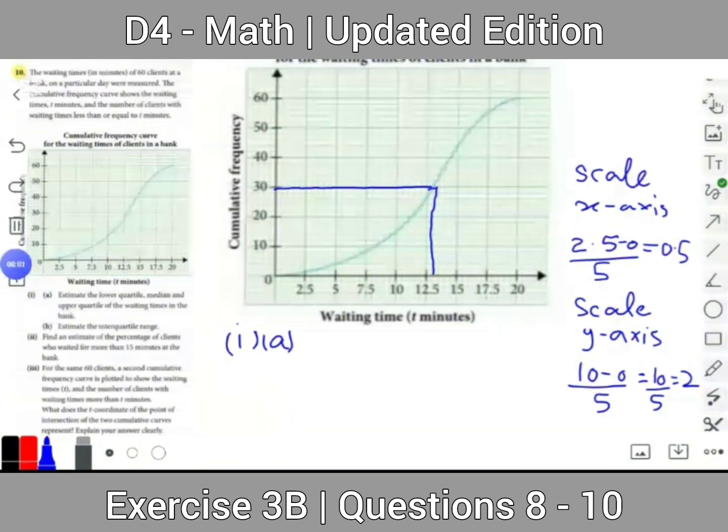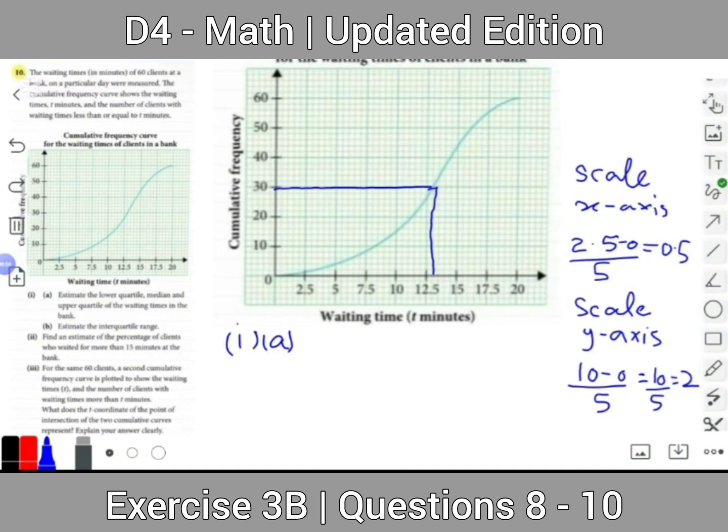To estimate the lower quartile from the cumulative frequency curve, we find the position of the lower quartile by using n over 4, and here we have 60 over 4, which is equal to 15. Now we will look at the data value corresponding to the cumulative frequency of 15. Since each square along the y-axis is equal to 2, here we have 10, 12, 14, and 16.